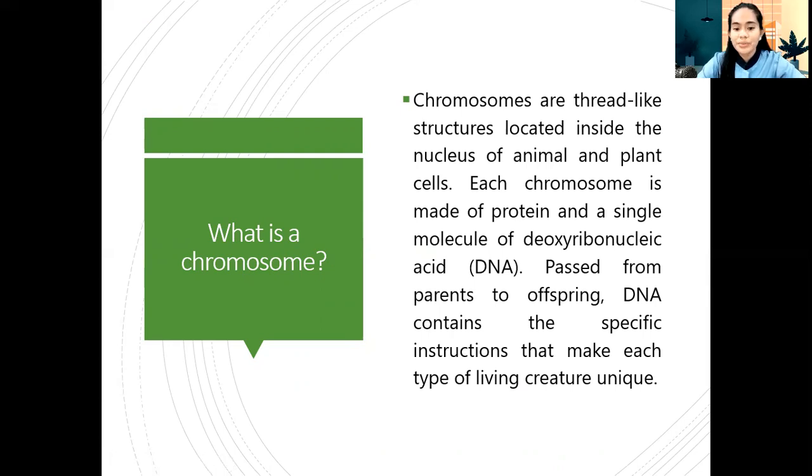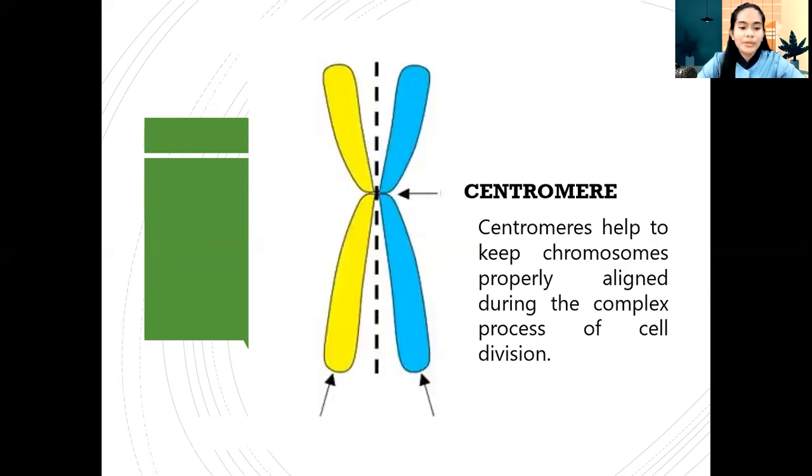Okay? Understood? Okay. We also have here your centromere. And what's the function of your centromere? Aside from it's in the middle, so actually in real life, centromeres are not always located in the middle. It just so happened that this is in the middle. Okay? So centromeres help to keep chromosomes properly aligned during the complex process of cell division. What happens if the centromere is not there?